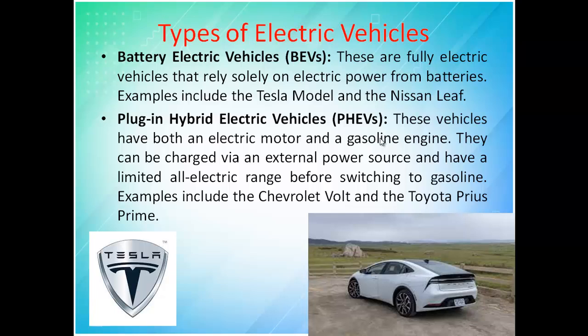So it is limited in electric range before switching to gasoline. When we go for hybrid, we start and run the vehicle with gasoline, and at the time of starting, at the speed range from 0 to 10, we use electric mode. Then we move on with gasoline.